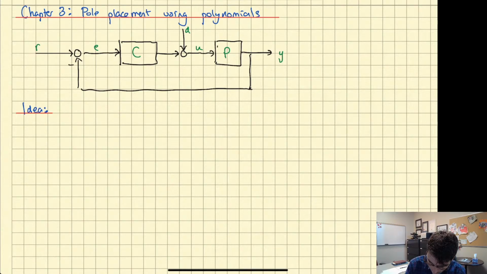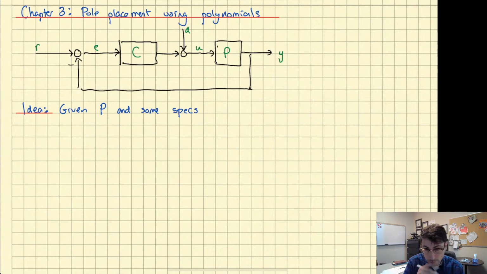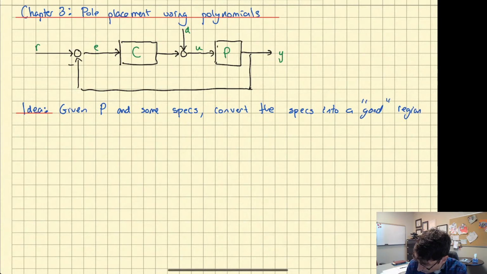The idea is that given P and some specs, convert the specs into a good, quote-unquote, region of the complex plane. Which, by the way, is something that I asked you to do in problem set 2, right? In problem set 2, I asked you to do this sort of thing.